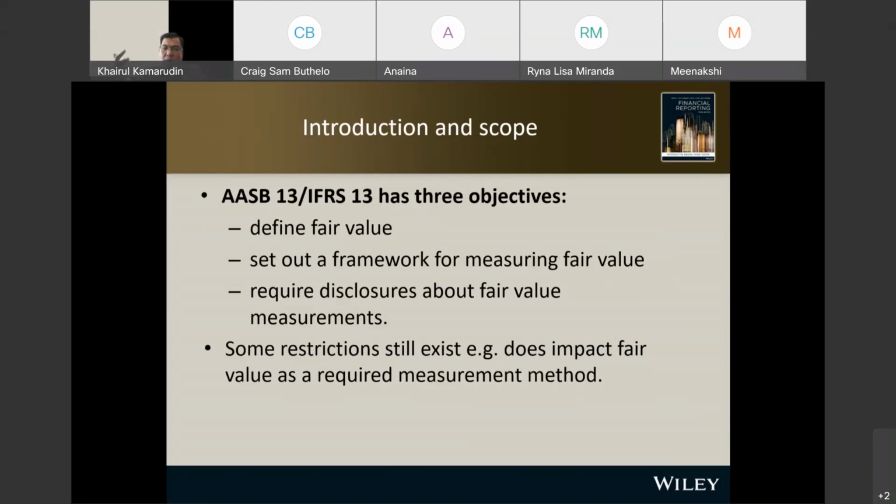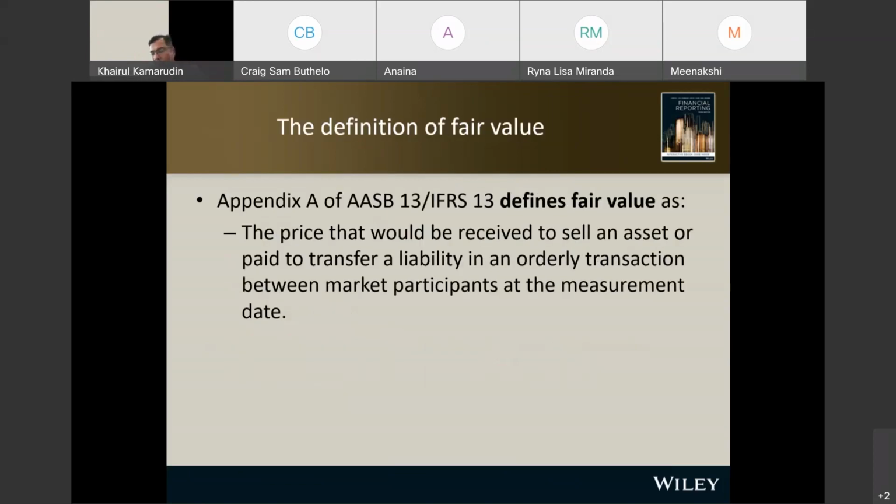And number three, a guideline about disclosure of fair value measurement. So this is the objective of issuing this standard. Some restrictions still exist, so it does not impact the fair value as the required measurement method. It's not 100% applied, but they have some restrictions in certain standards.